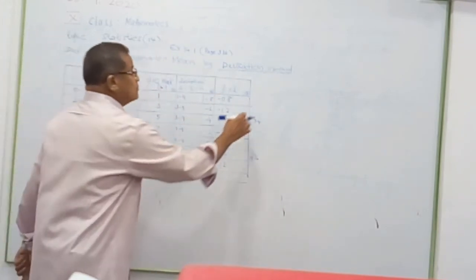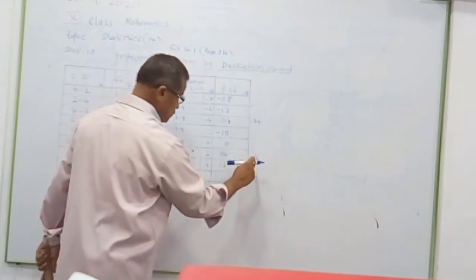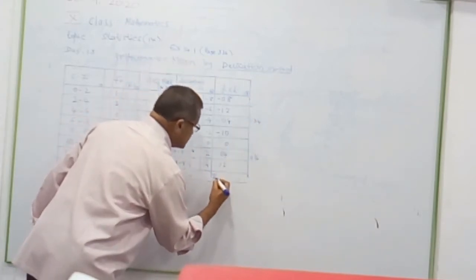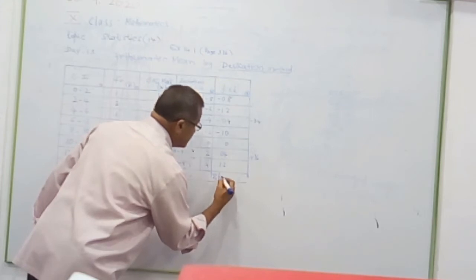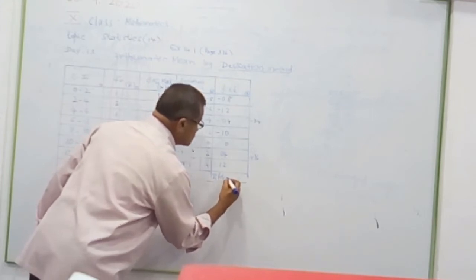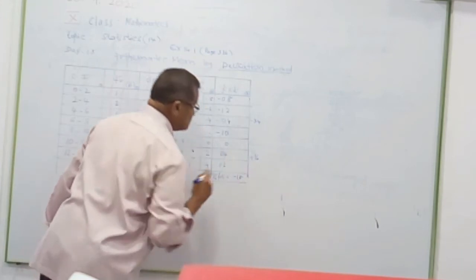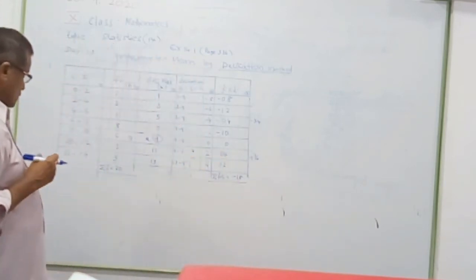Now the sum of these two, minus 34 plus 16, is called sigma fi di, is equal to minus 18. And total frequency is 20.